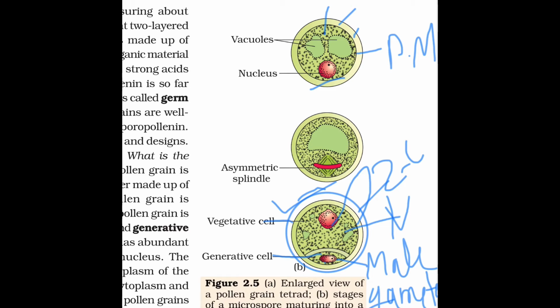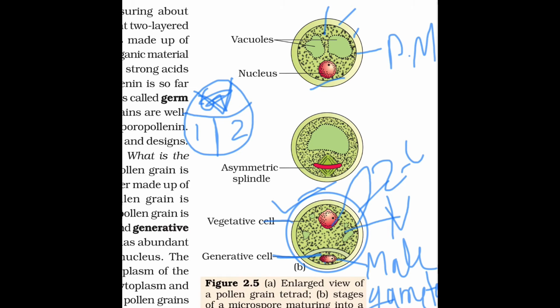And what are the three cells? In the three-celled stage, there is a large cell called the vegetative cell, and from the generative cell, there is going to be formation of two male gametes.